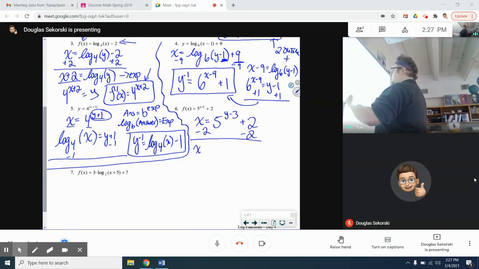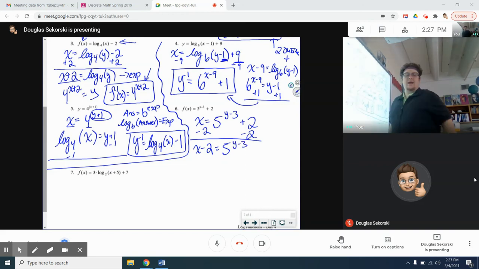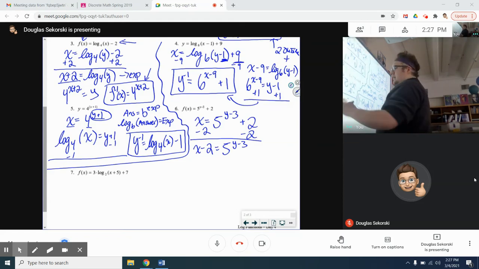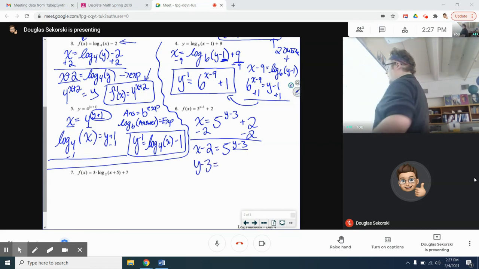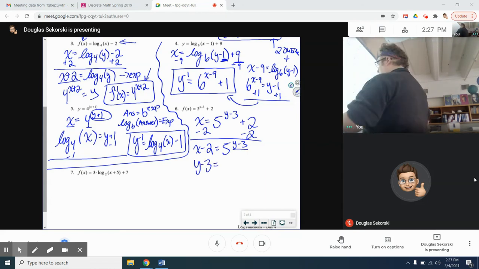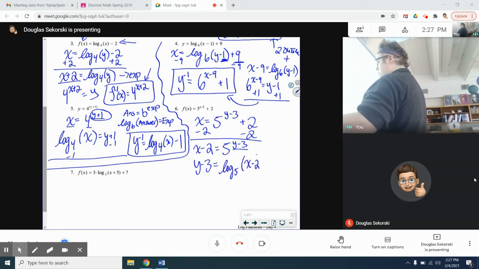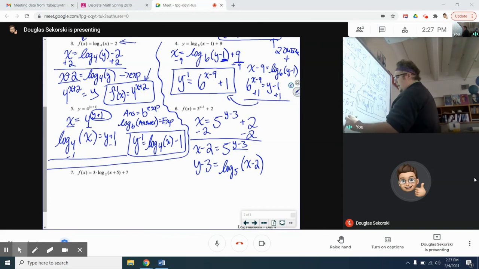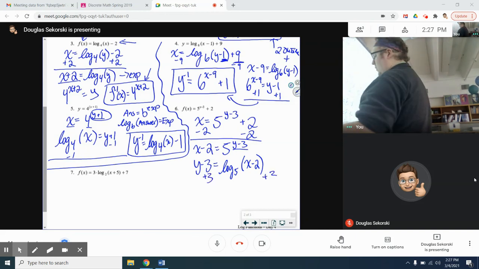So x minus 2 equals 5 to the y minus 3. And now we've got an isolated exponential. Okay, so that's the exponent. We're going to have y minus 3 equals log base 5 of x minus 2. And we have to add that 3 to isolate the y completely.